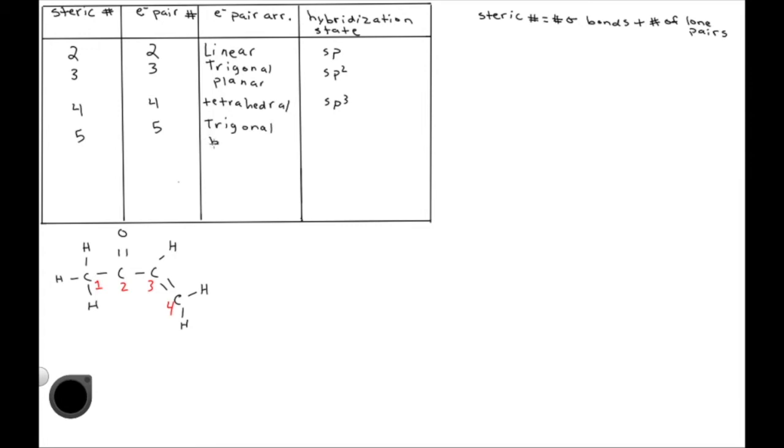And we're going to have a hybridization state of sp3d hybridized.